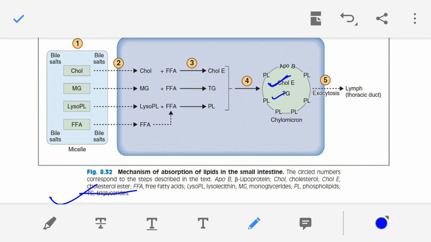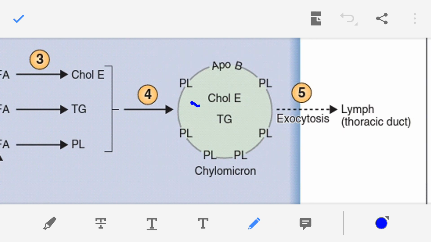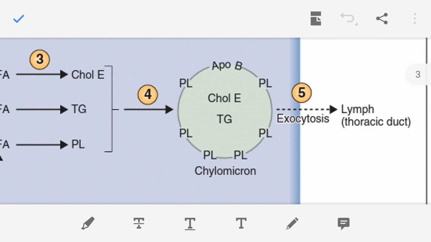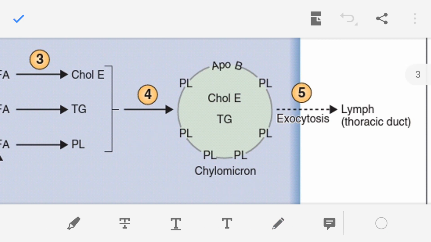So in the core region cholesterol ester and TG, triglyceride, are present, and on the surface PL. So on the surface phospholipids are present, and on the surface apoprotein, ApoB, is also present. So this newly synthesized particle in the cytoplasm of the enterocyte cell is known as the chylomicron.